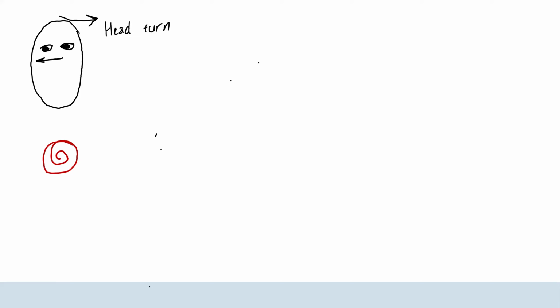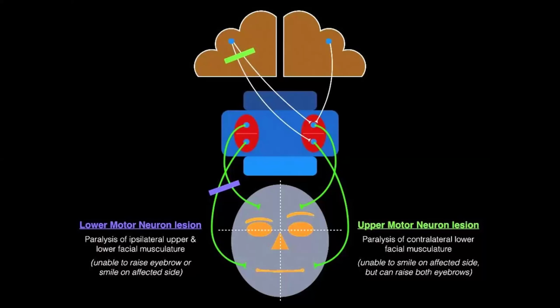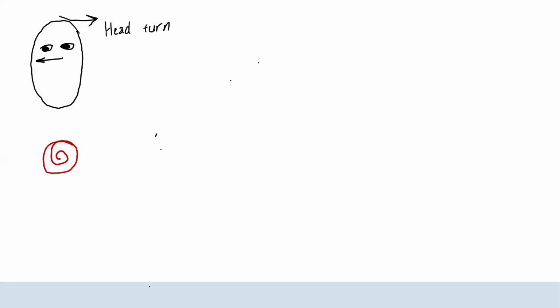So if the person is turning to the left, then I will move my eyes to the right, and I will stimulate the right vestibulocochlear nerve.